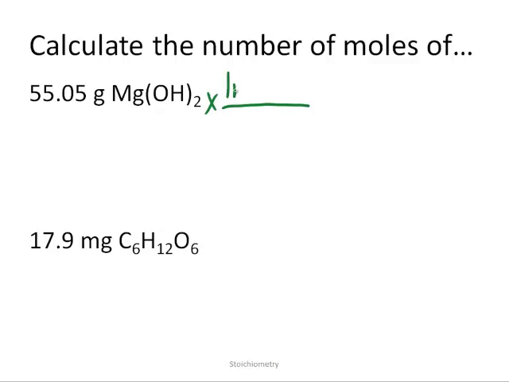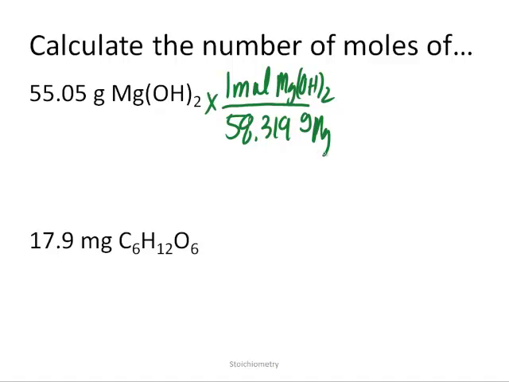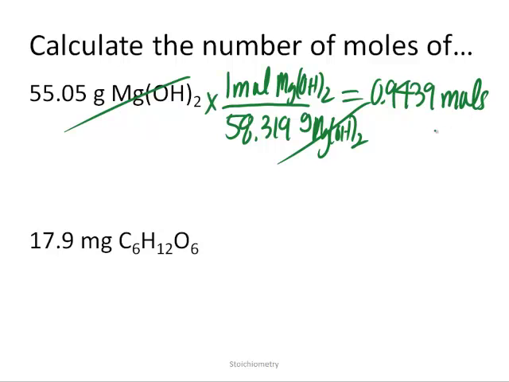We know that in 1 mole of magnesium hydroxide there are 58.319 grams of magnesium hydroxide. So those would cancel out, and it gives us moles, and it turns out there are 0.9439 moles of magnesium hydroxide.